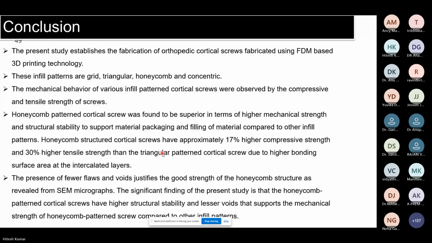In this paper we just tried to change the patterns of your 3D printing, and that improved the overall strength of our material. That's all. If you have any questions, you are free to ask.